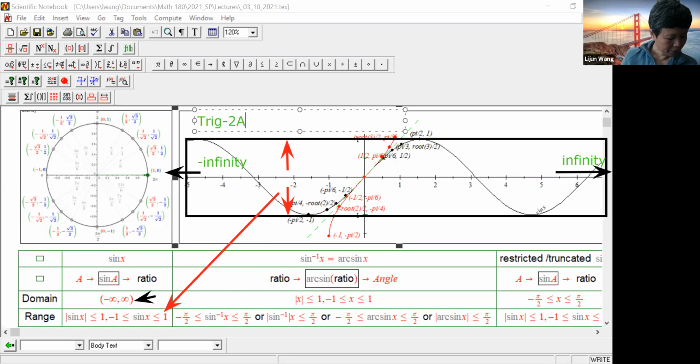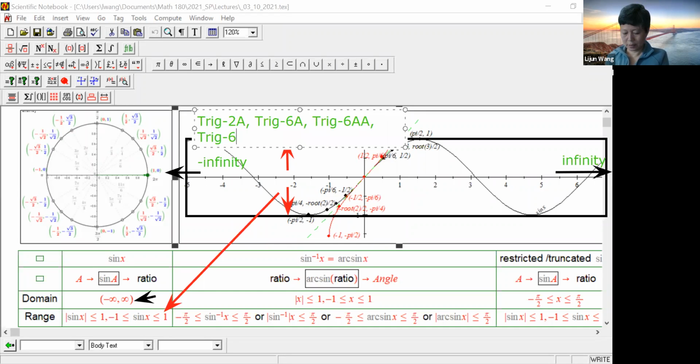The double A are optional, but if you do it, it will be good for you. Trig 6A, Trig 6AA, Trig 6 triple A.